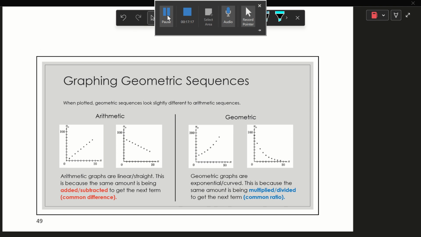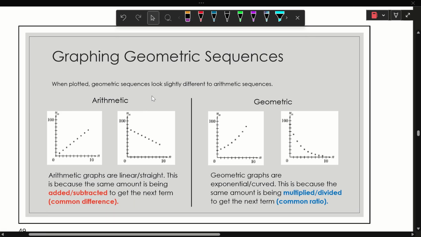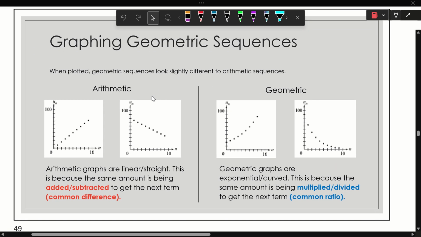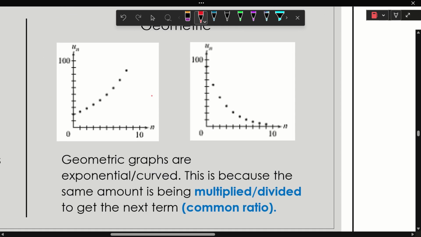Let's go through the graphing part of this, because the next thing we need to learn is how do we graph all this. So, just really quickly, when you look at the difference between arithmetic and geometric, you'll notice that, remember, arithmetic, because it's the same amount, you're just going to get a straight line. So it goes up by the same amount each time. With geometric, what's the difference here, guys? What's different with the line here?